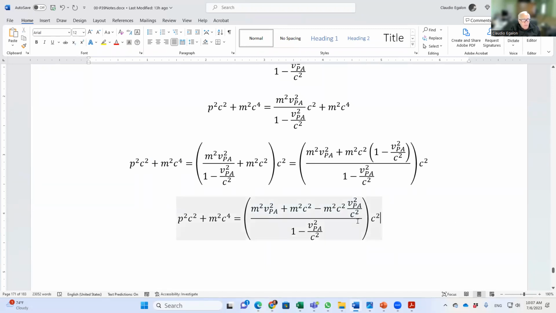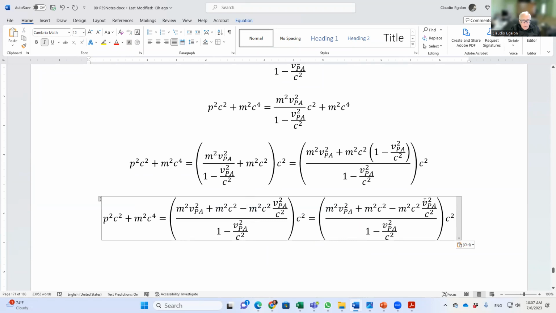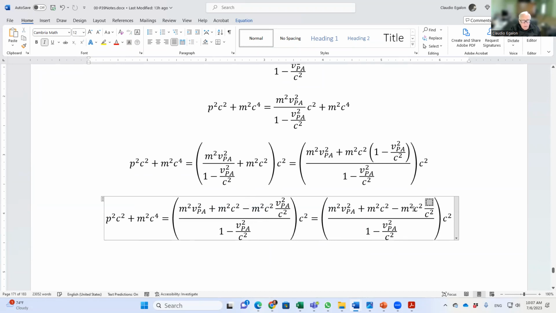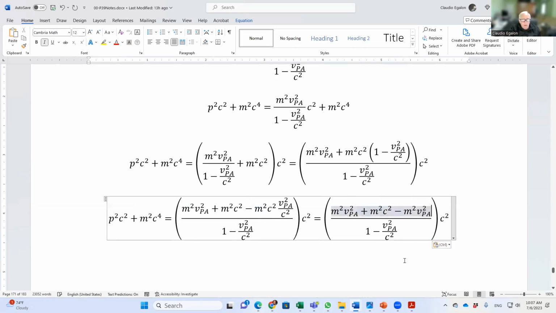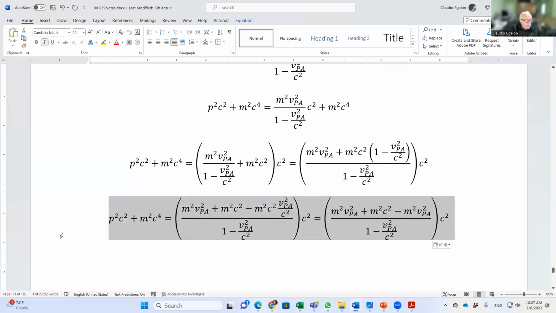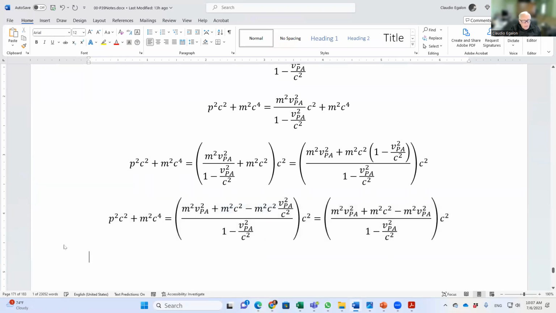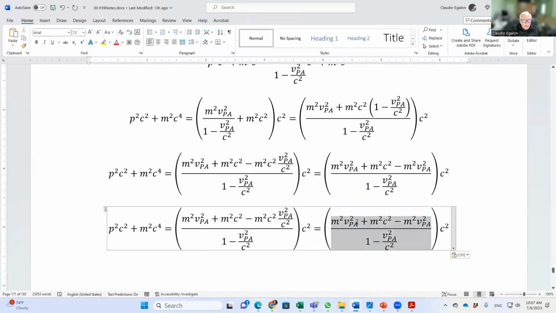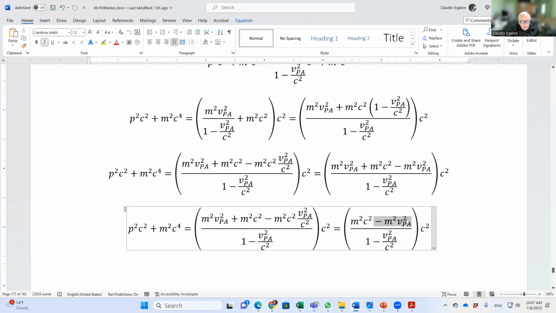C square cancels out with c square. C square cancels out with c square. And now you can see more clearly that this term cancels out with this term.